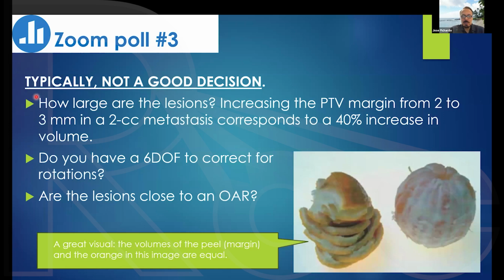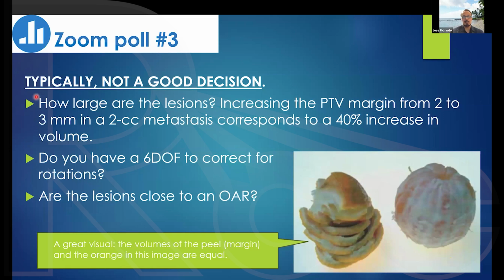So my answer to this is typically no. Now, why is that? Well, you have to consider multiple factors. Are the lesions large or small? Increasing the PTV margin from 2 to 3 millimeters for a 2 cubic centimeter metastasis is a 40% increase in volume.